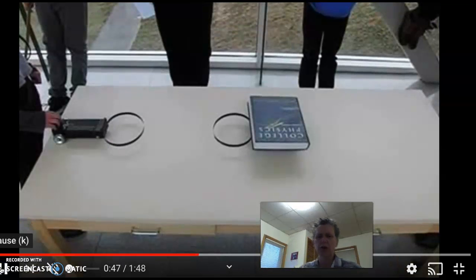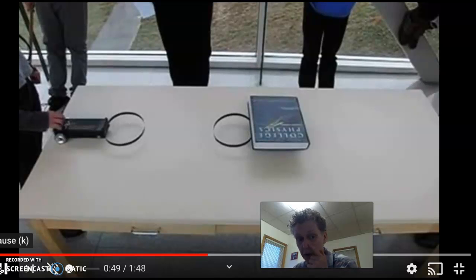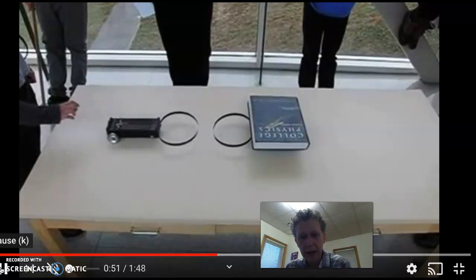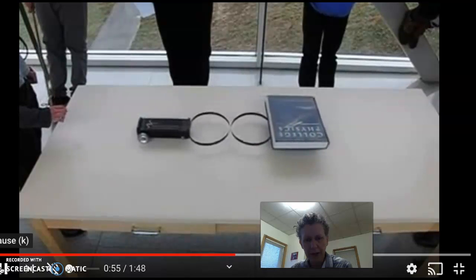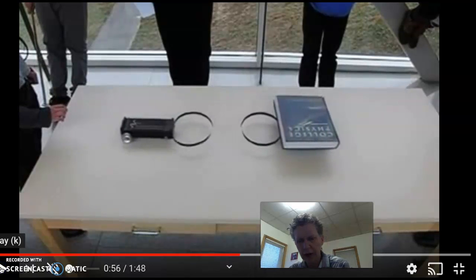A different situation here. The cart on the right is going to be heavier than the cart on the left. And boom! Interesting what happened there. When they hit each other, some of the force from the cart on the left is going to transfer into the cart on the right.